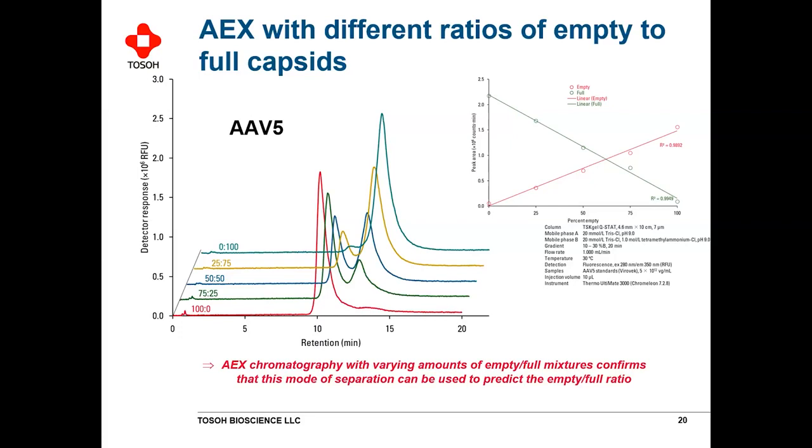And on the right, we plot these where it's the percentage of empty versus the peak area. In green, we have full, and in red, we have empty. And you can see in each case, we have a linear response with an R squared at 0.99 or very close to it.